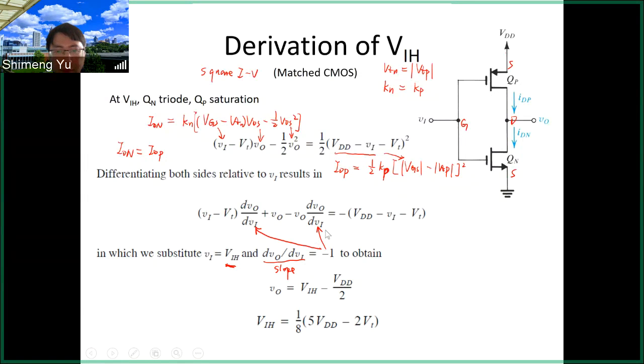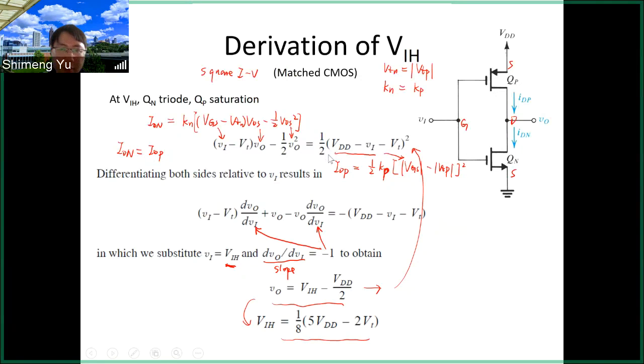I will skip the details. After you do that, you get this one: the output voltage is VIH minus half VDD. And then you need to substitute this back to the original equation here, and then solve for the VIH. Eventually you will get the VIH like this one, as we have here at the bottom.